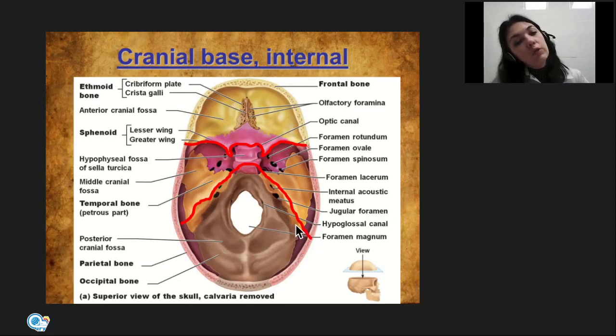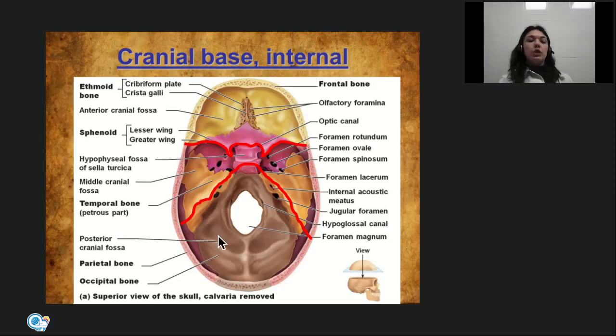The posterior cranial fossa is formed by the clivus, which is formed by fusion between the body of the sphenoid bone and the basilar part of the occipital bone, and also the posterior surface of the petrous part of the temporal bone, and some lower part of the squamous part of the occipital bone.